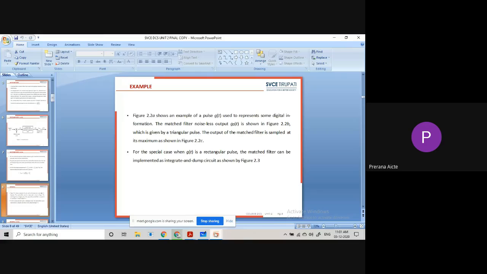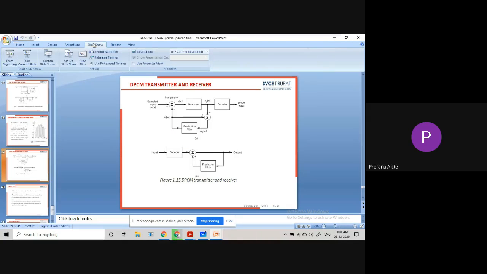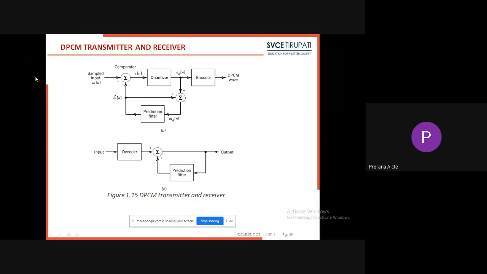That is the use of DPCM. Finally, the quantizer output along with the previous prediction is added, and we call this signal the quantized signal, which is mq of n.